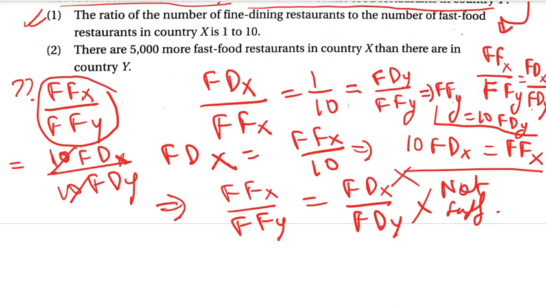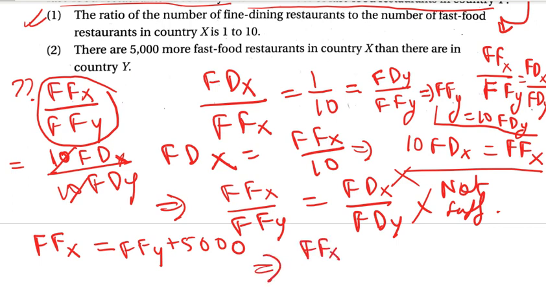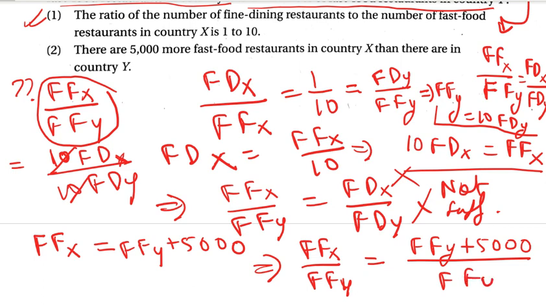It says that there are 5,000 more fast food restaurants in country X than there are in country Y. That means the fast food restaurants in country X is equal to 5,000 more than the fast food restaurants in country Y. So whatever we want to find, FF of X divided by FF of Y, will be equal to FF of Y plus 5,000 divided by FF of Y. Nothing happens, because FF of Y is not getting removed. So statement 2 is also insufficient.